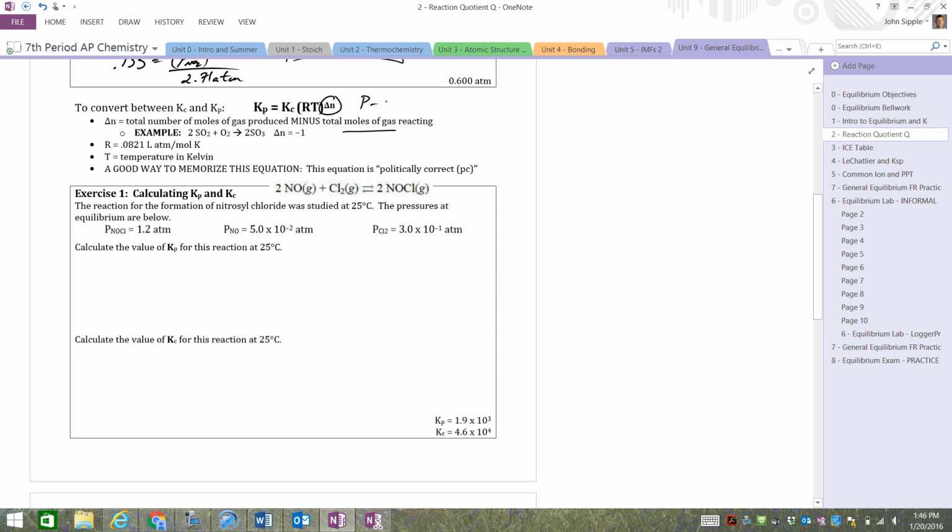So they got -1 here because it's equal to 2 minus 3. 2 moles of gas on the product side, 3 moles of gas on the reactant side. That's how they're getting -1. And it's only for moles of gas. You don't worry about any of the other stuff.